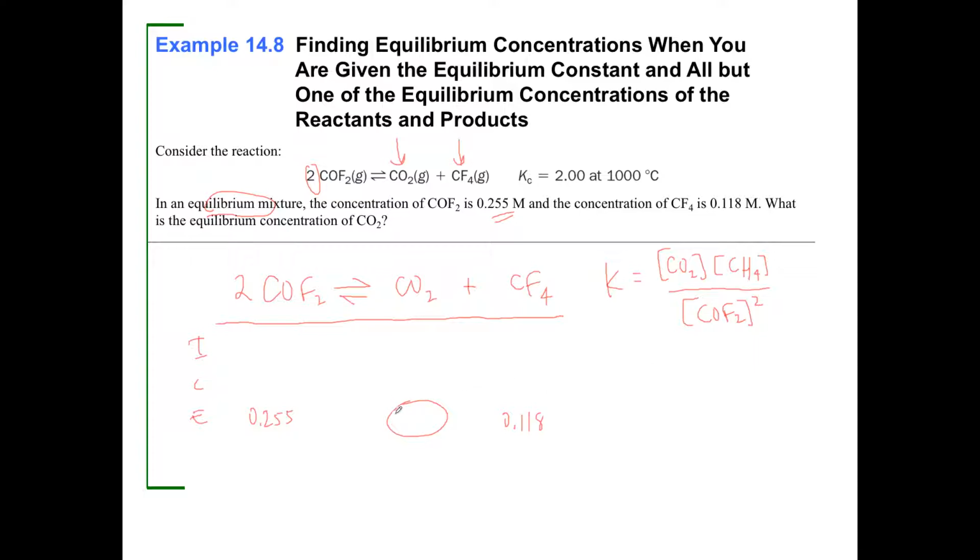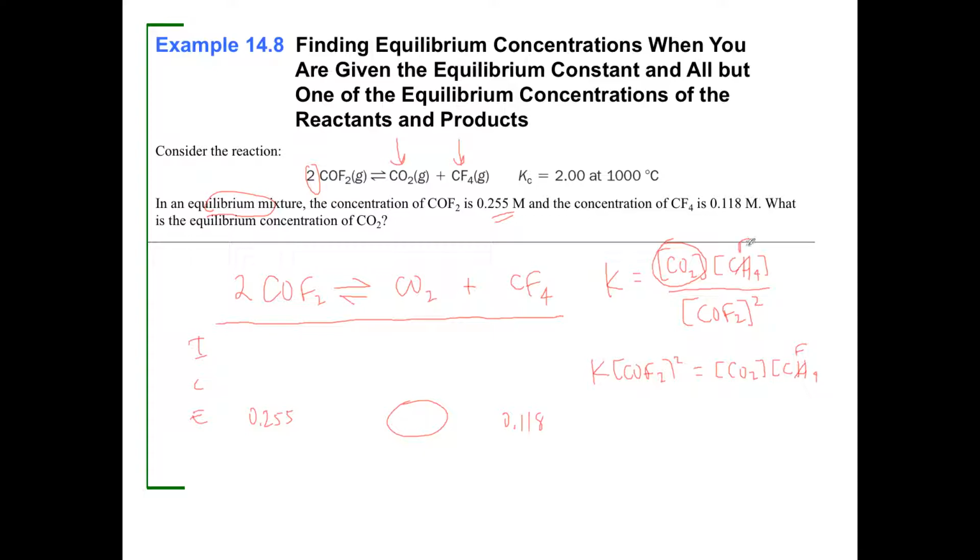So we're looking for this, I'm going to go ahead and circle this. Okay? So what I need to do now is multiply both sides by this mess. I'm just doing some algebra here. And that squared is equal to the concentration of CO2 times the concentration of carbon tetrafluoride.